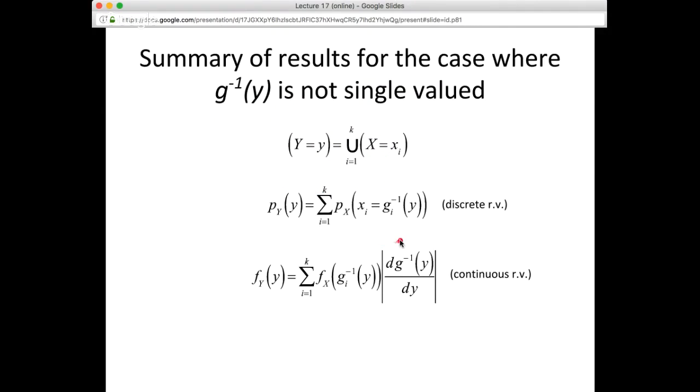And then if we have a discrete random variable, that is essentially just the sum of the probabilities associated with each of those roots, translated into the probability for random variable y equal to y. Likewise, if we have a continuous random variable, then it's just going to be our formula that we derived earlier for calculating the PDF for the random variable y, but now summed over all of those different potential roots.